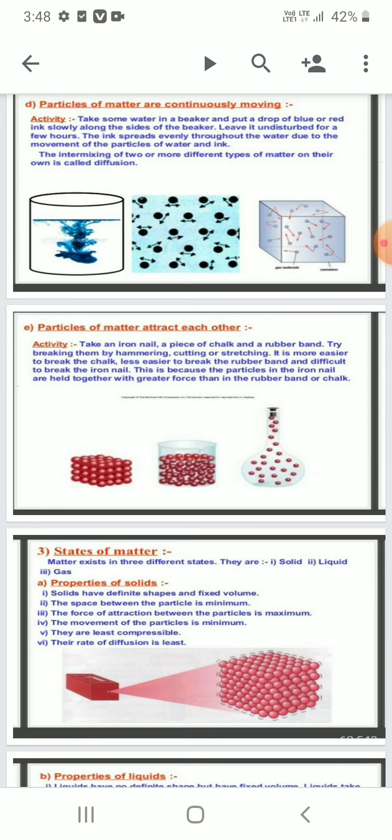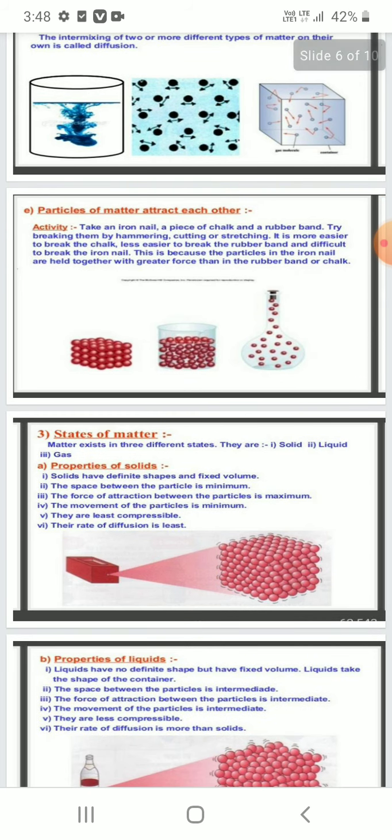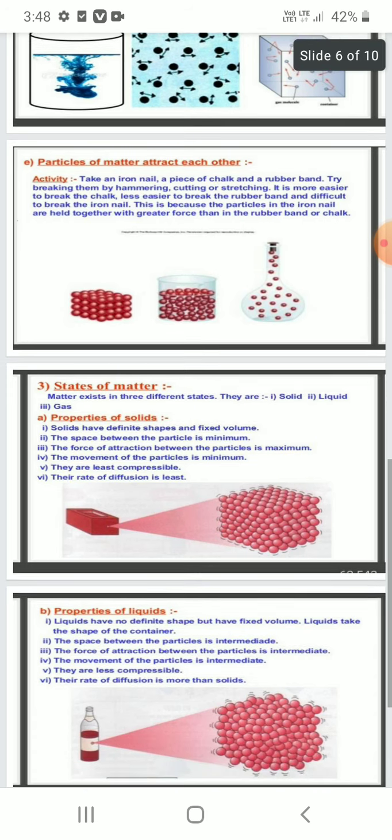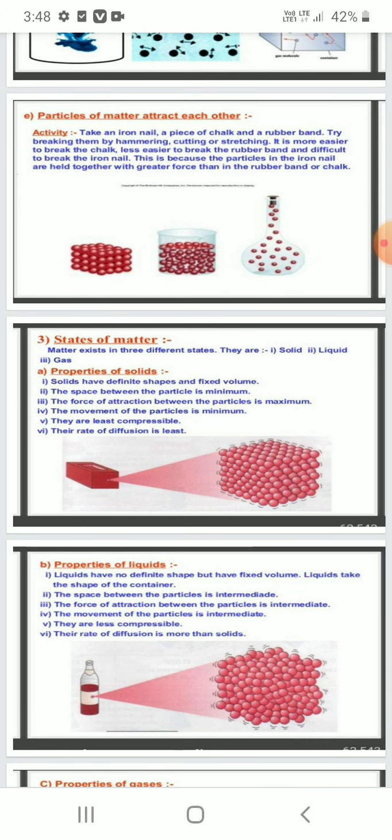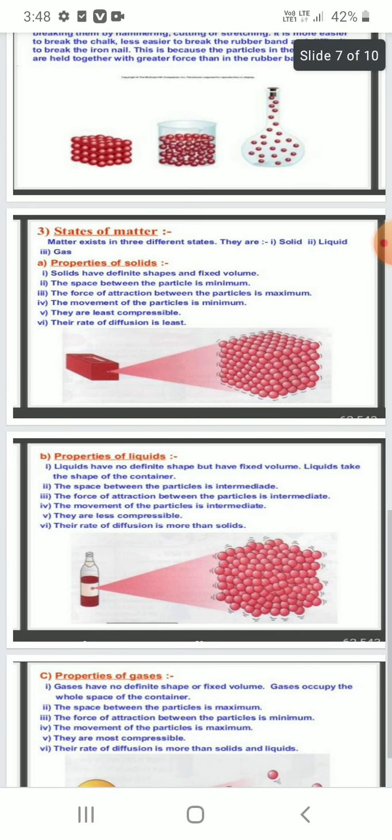Because of that only, it is very difficult to break the iron nail. Rubber band and chalk you can break very easily, but it is very difficult to break the iron nail. So that is, particles of matter attract each other.